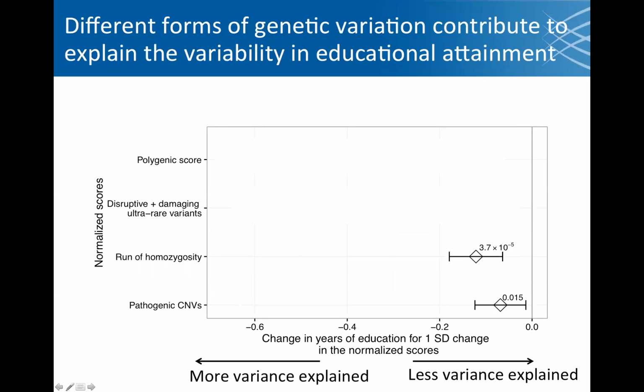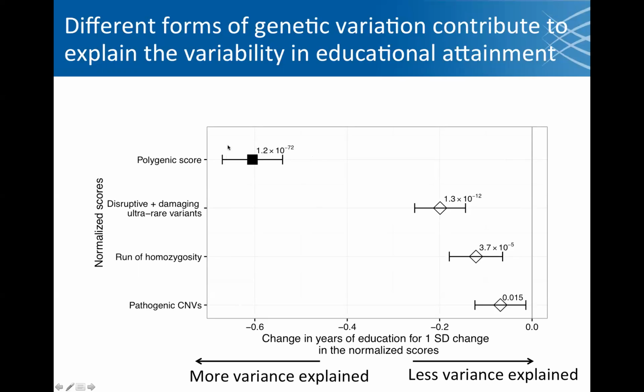We then have runs of homozygosity. As you see, all these scores are associated with educational attainment independently of each other, so these are fit in the same model. And then we have our score of disruptive plus damaging ultra-rare variants.